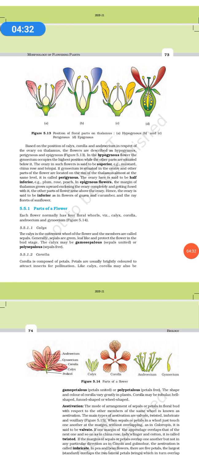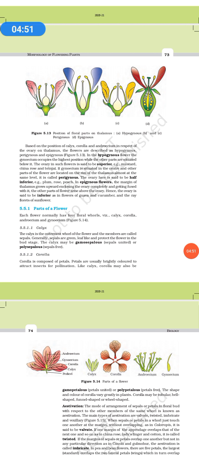Depending on how the ovary is placed, if the gynoecium occupies the highest position, then I say it is a superior ovary.